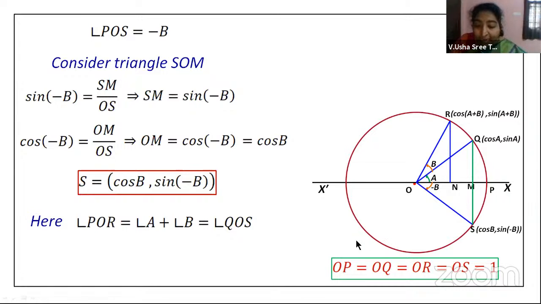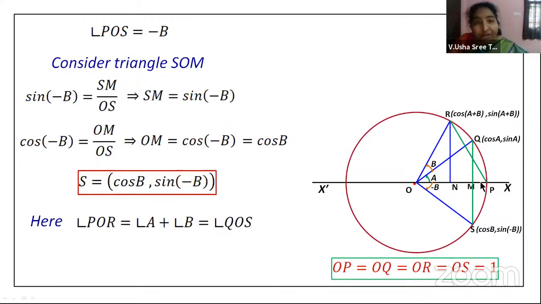Now children, I want you to observe a very important point. Now I am just taking a chord PR. PR is a chord. This chord is making an angle A plus B at the center of the circle. And at the same time, when you take QS, QS is also a chord, which is also making an angle A plus B at the center, equal angles.